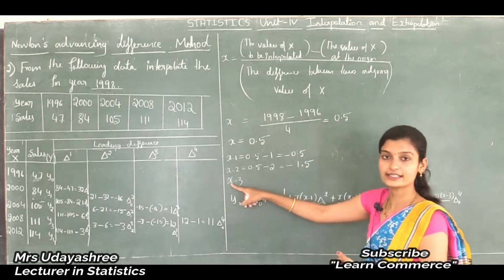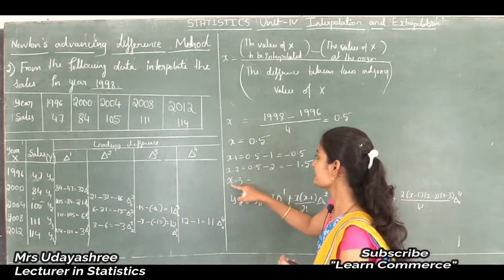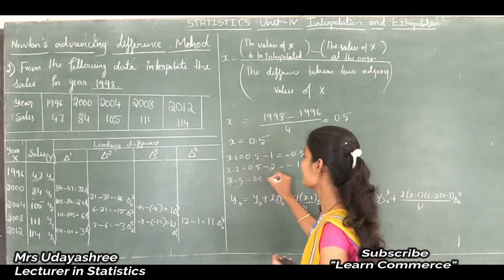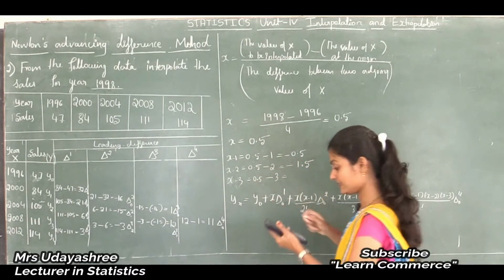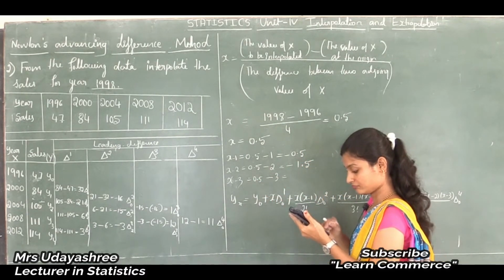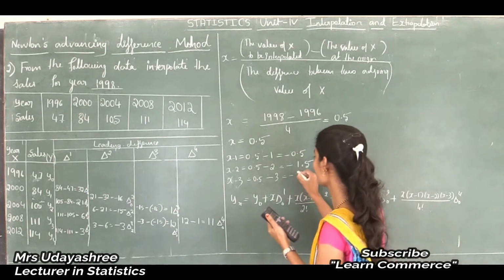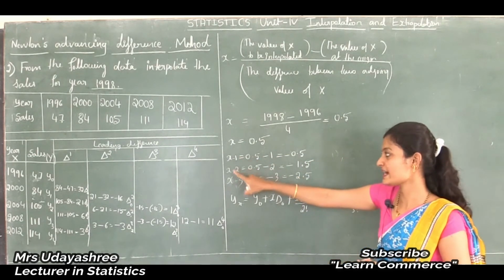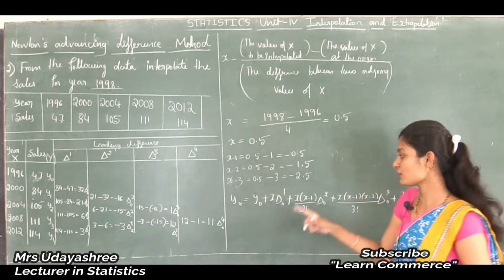And x minus 3 is 0.5 minus 3, that is minus 2.5.